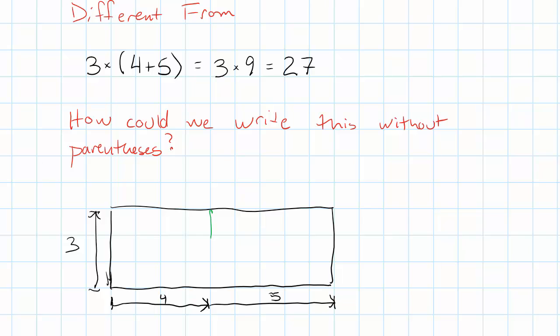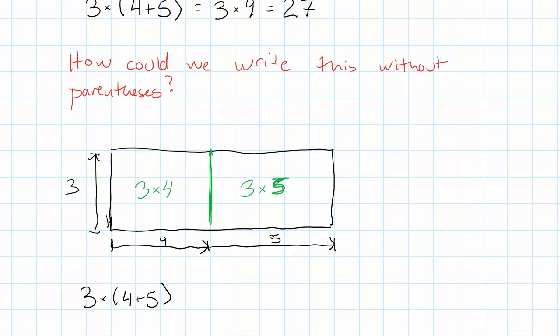Look what happens, though, if we draw this separation. Then the area of this rectangle is 3 times 4, and the area of this rectangle is 3 times 5. So 3 times (4 plus 5) can be understood as 3 times 4 plus 3 times 5.